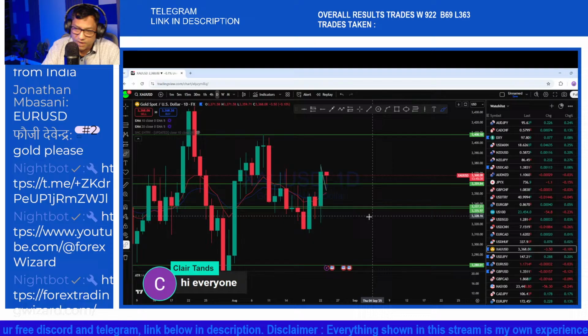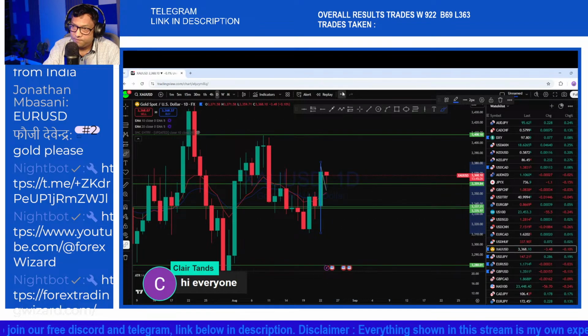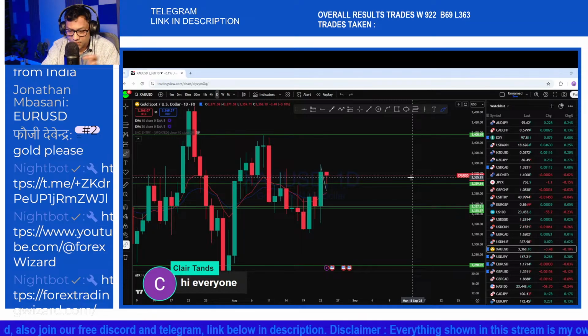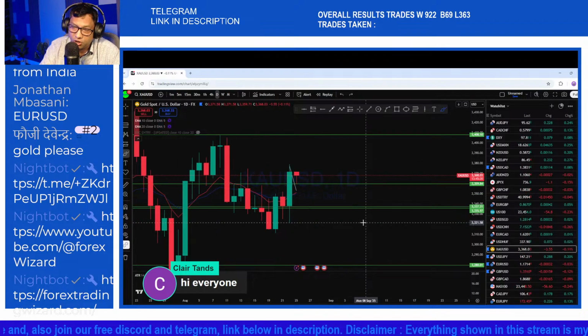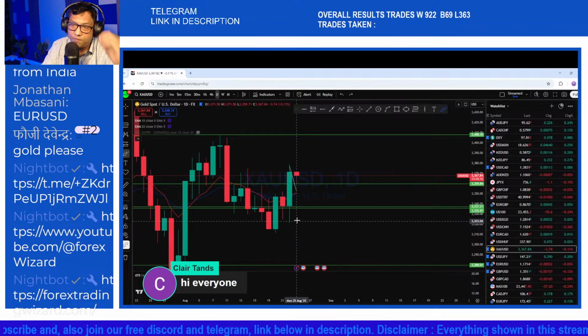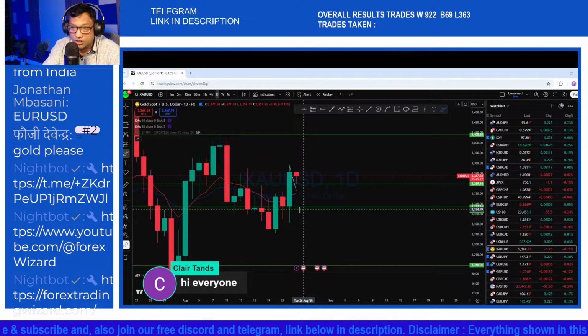And from the daily perspective here, we can see this is a daily bullish engulfer. You guys look at it, you can see this is the last day of the trading week. There was a pretty sharp bullish impulse to the upside here on the daily.